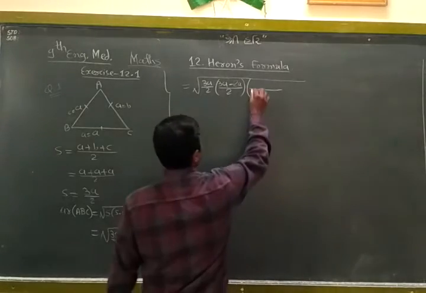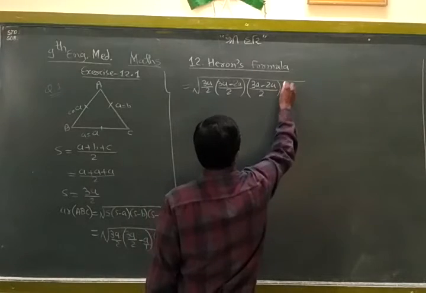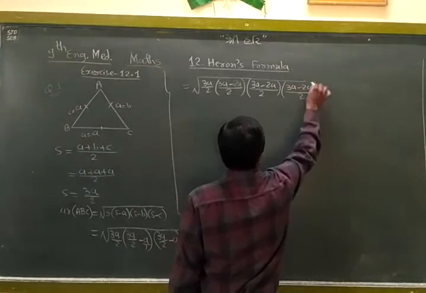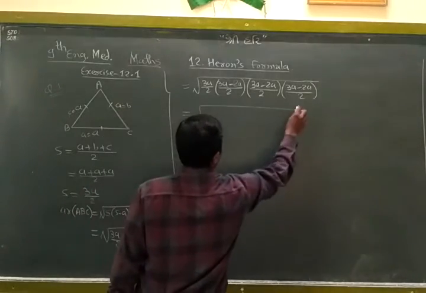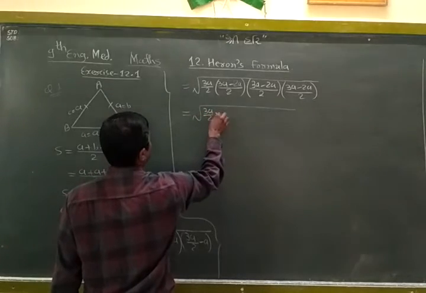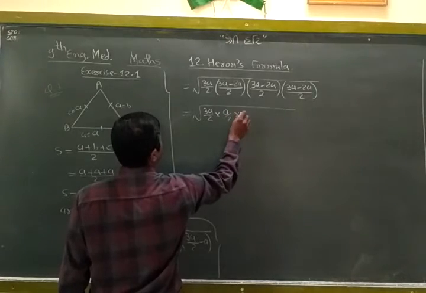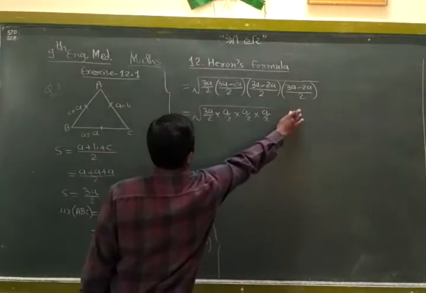Okay, so 3A minus 2A, here also 3A minus 2A upon 2. Okay, first 3A by 2, 3 minus 2, so A by 2, A by 2, A by 2.